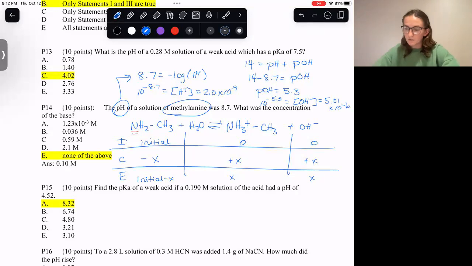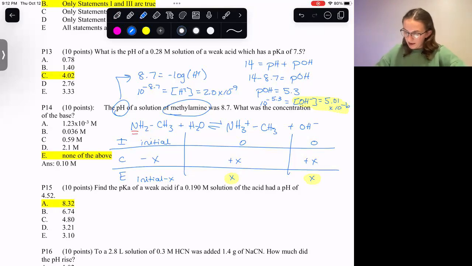This is our concentration of OH. This here is X. What else is X in our ICE table is that other product.